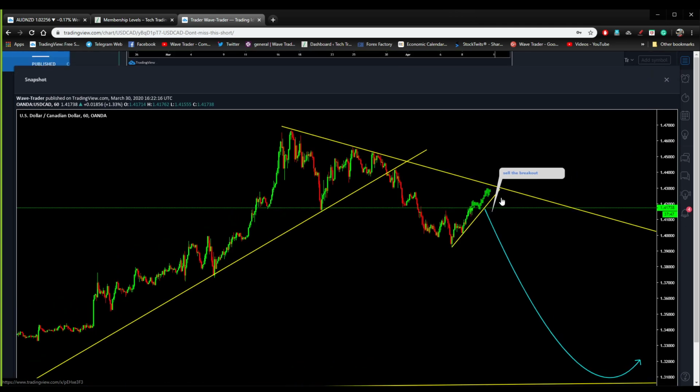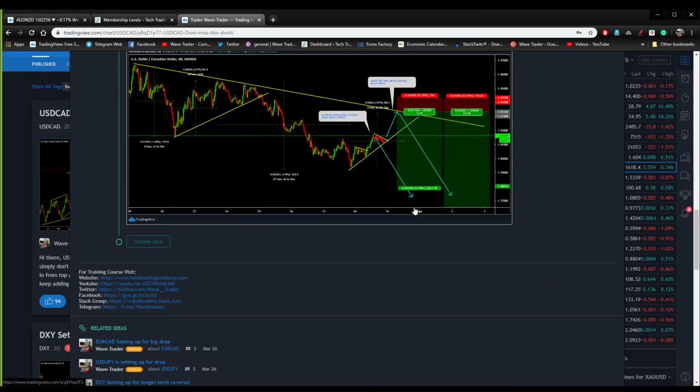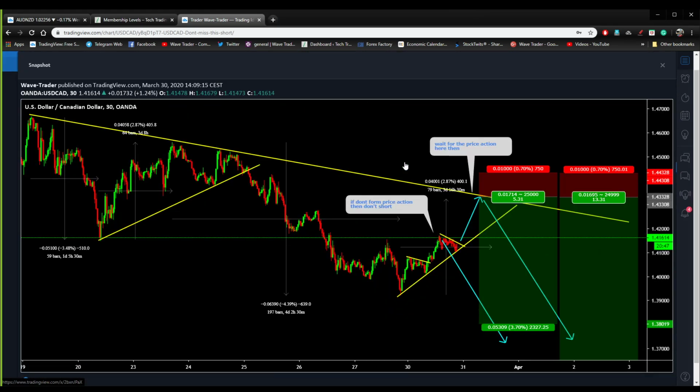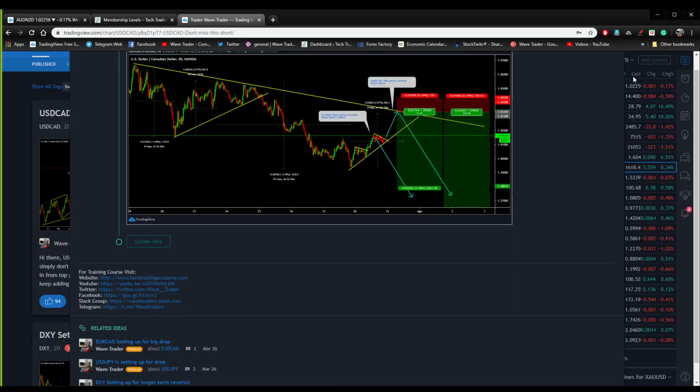Next week you are looking for it to break out, and that's the trade. This is the wave you are looking for. That's the potential we may see on the dollar CAD for the longer term.